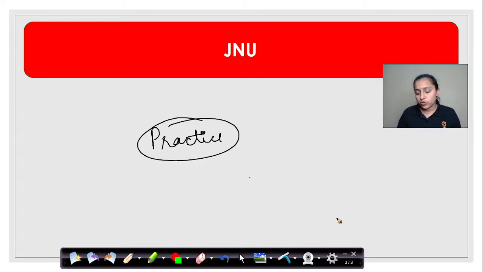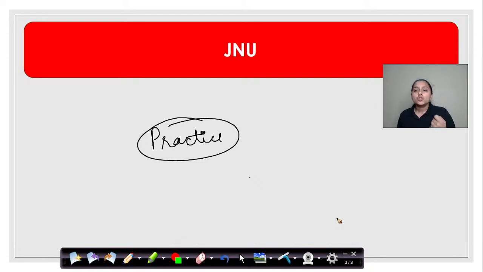A most common query we are getting is whether the DU JNU PG entrance is going to happen through CUCET. The thing is, it's not official till now, because if we compare the past years of DSC and JNU entrance, they are totally different in their approaches. DSC is more of a mathematical approach, and the questions you get there are mathematical, while JNU is more into the concepts.